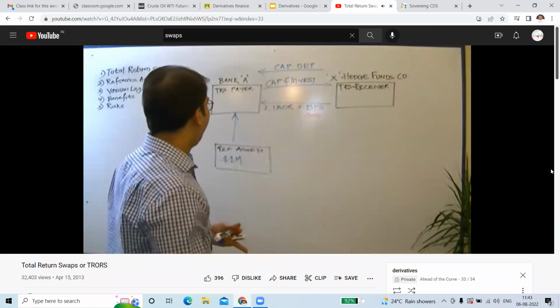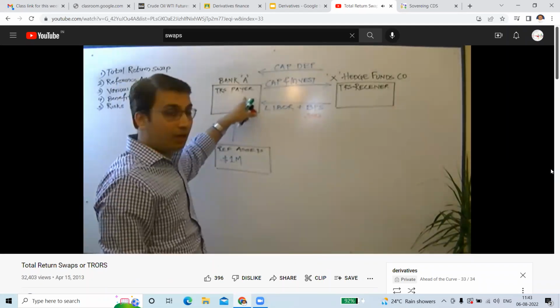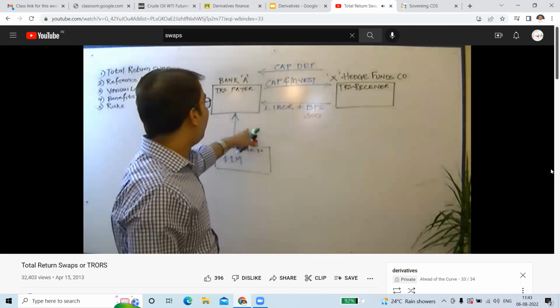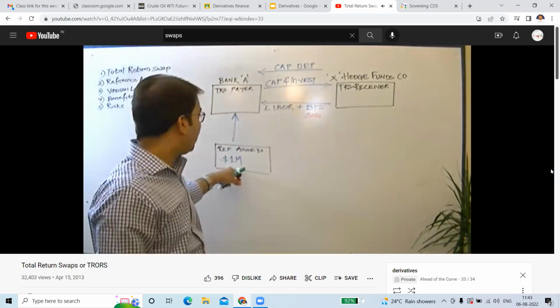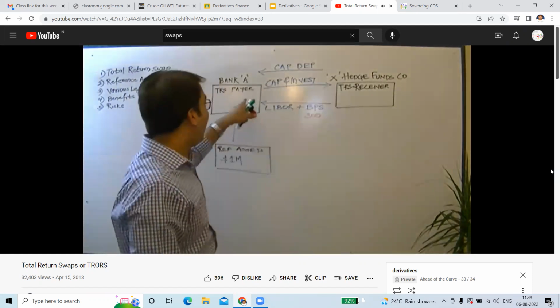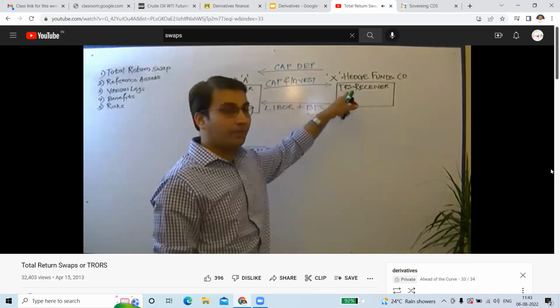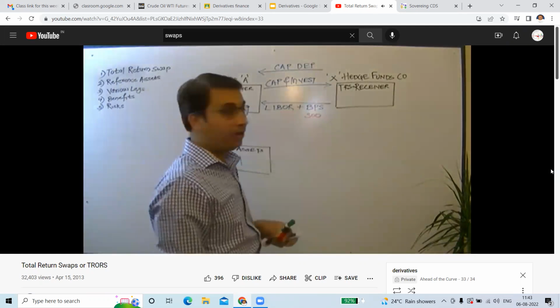On a good day, bank A, the total return swap payer, will synthetically sell this $1 million worth of reference asset to X, the hedge fund company, transfer all capital and investment benefits to him, and will get back LIBOR plus 300 basis points.